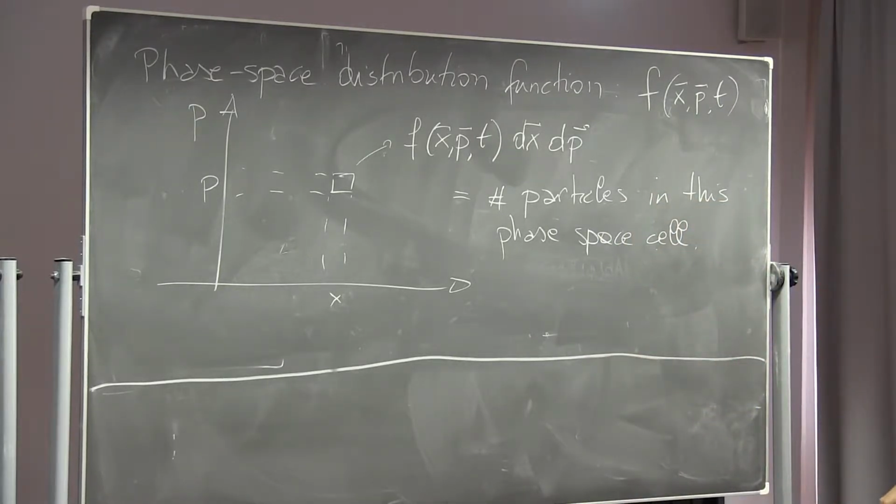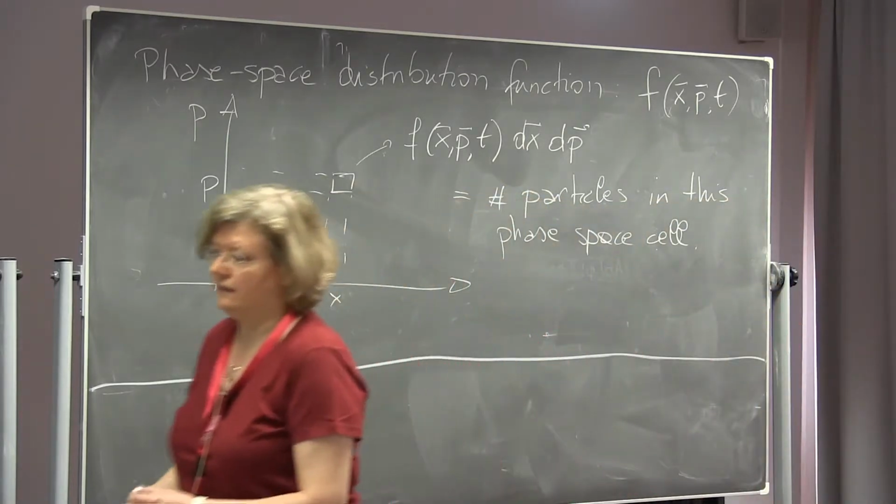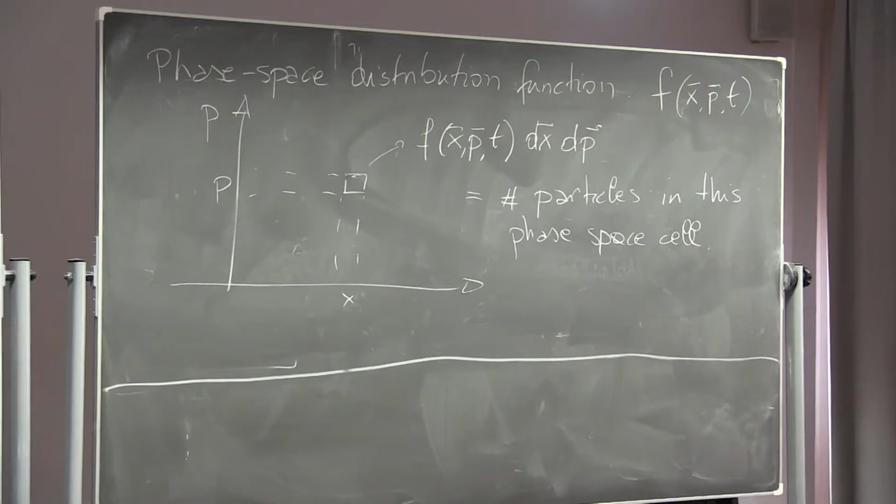And now the idea, of course, is to see how this relates with, for example, the thermodynamic quantities. Since this is the number of particles with a particular momentum in a particular space, it is pretty easy to get the total number of particles in a particular space element, because I just have to integrate this.